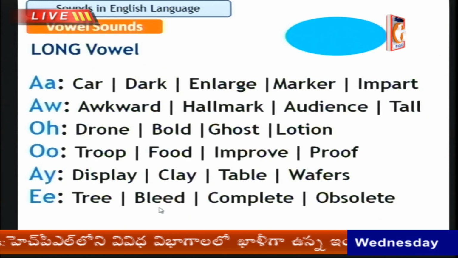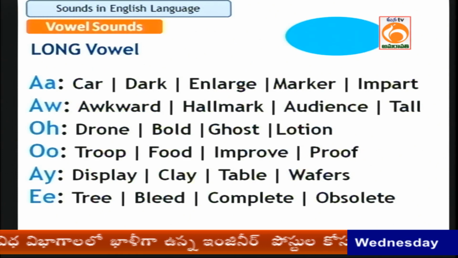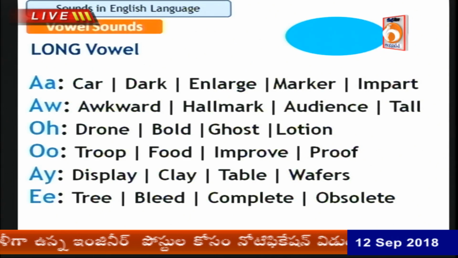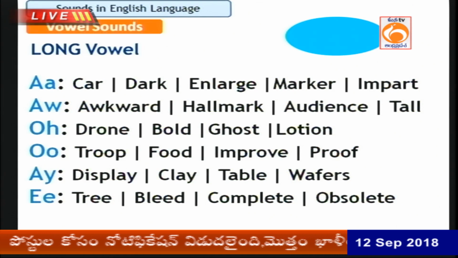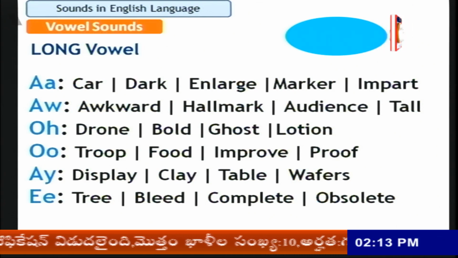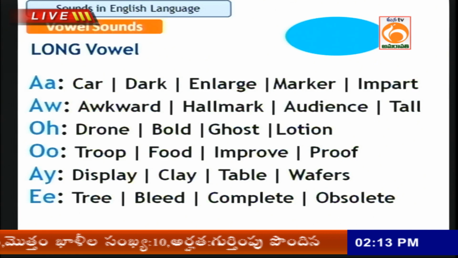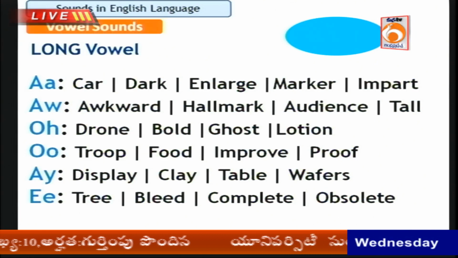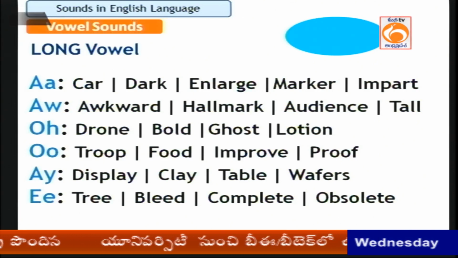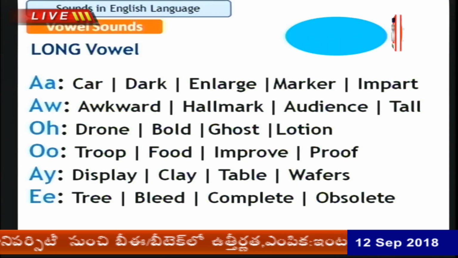Now let's look at examples. So these are the long vowel examples. For example, car, dark, enlarge, market, impart. You can think of more examples.